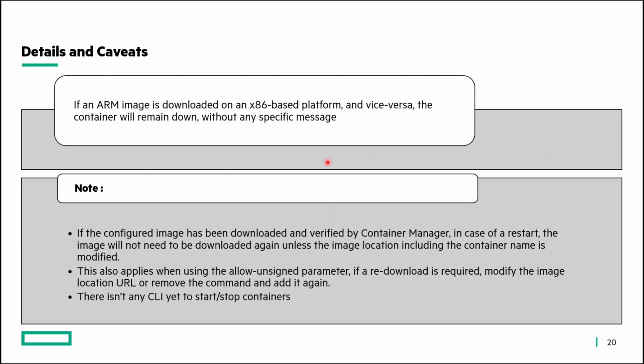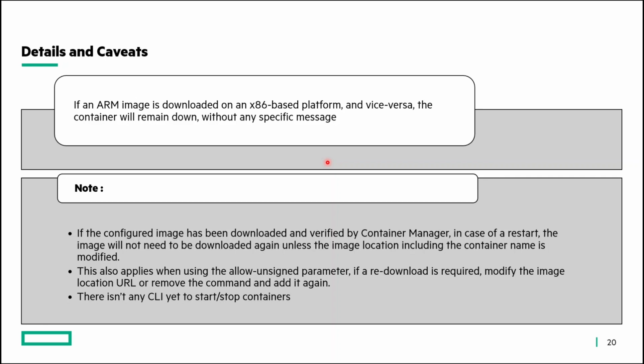A few other details and caveats. If an ARM image is downloaded on an x86-based platform and vice versa, the container will remain down without any specific message. A few things to note here: if the configured image has been downloaded and verified by Container Manager, in case of a restart, the image will not have to be downloaded again unless the image location, including the container name, is modified.